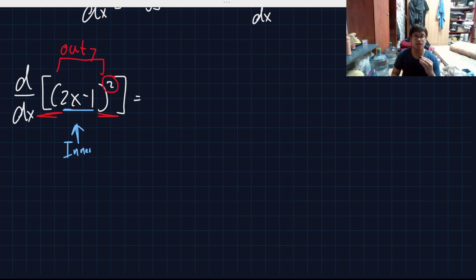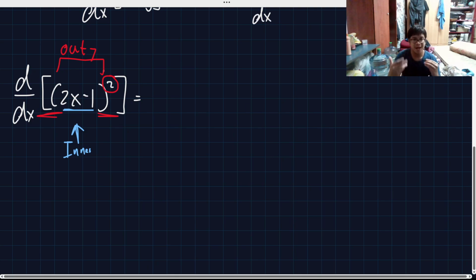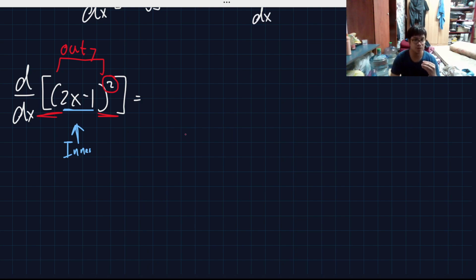So in the direct approach, it's simple. First, you get the derivative of the outside function without touching the inside. That's the first step. Now, let's apply that first step. We have an exponent of 2, right? That's the outer function. So what rule are we going to use to get the derivative of the outer function? Since it has an exponent, we can use the chain rule of, no, sorry, we can use the power rule of differentiation.